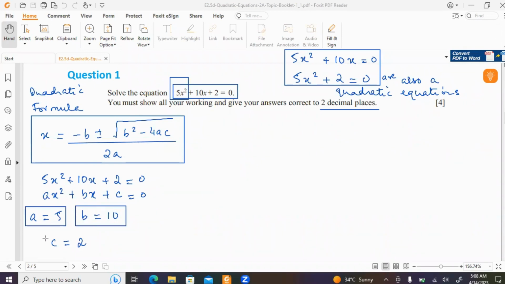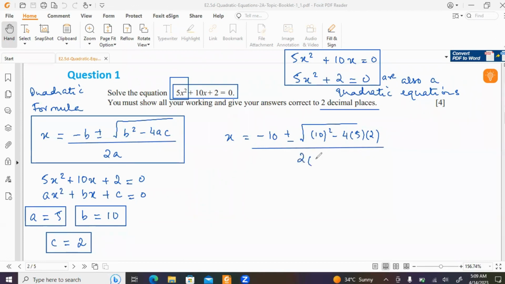Once we've identified the values for a, b, and c, we just directly go back to the quadratic formula, substitute the values, and start finding the value of x. So it's going to be negative 10 plus minus square root of 10 squared minus 4 times 5 times 2, and this is going to be divided by 2 times 5.